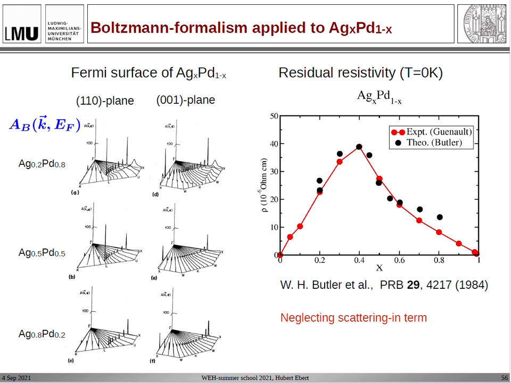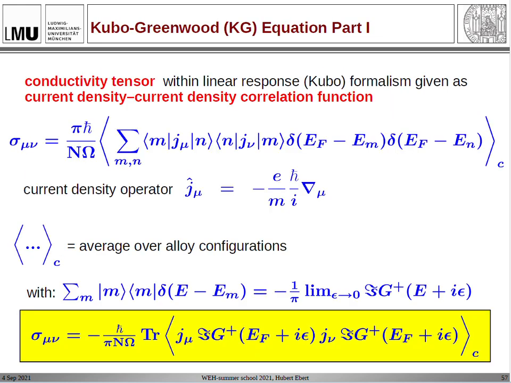Of course, Boltzmann used in that sense is surely not perfect for the description, and you can do a better job. And again, this was Butler who worked out the corresponding theory. So he formulated the Kubo-Greenwood equation in terms of the KKR CPA. So this is the conductivity that you get in terms of a current density correlation function.